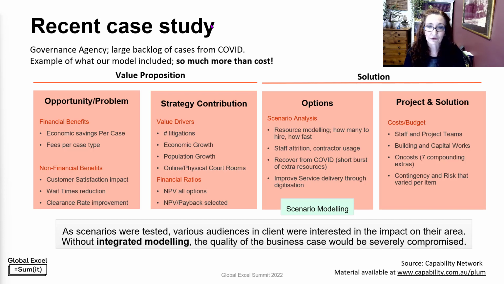And through a fairly extensive process, we identified that there was quite an opportunity to improve the service level, and modelling was involved at each of these levels, particularly when it came to the scenario analysis. And it was great as the modeler on this project to be involved from the beginning.